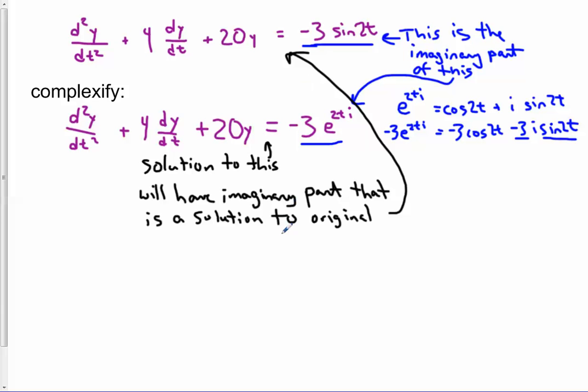Okay, and I hope that makes sense. You can officially prove that because this is the imaginary part of that, the solutions will have the same relationship. It can be proved. It's in our textbooks. I won't show you that, but hopefully it doesn't sound too crazy.